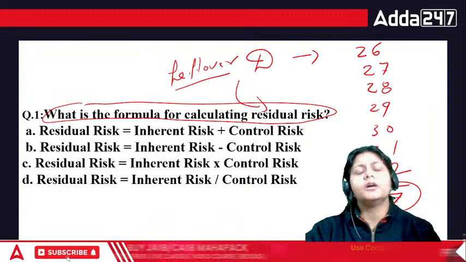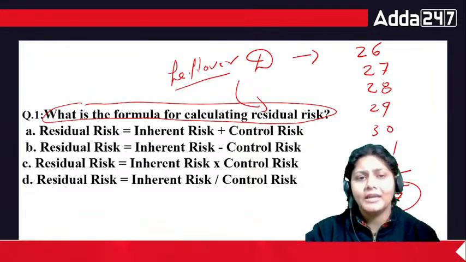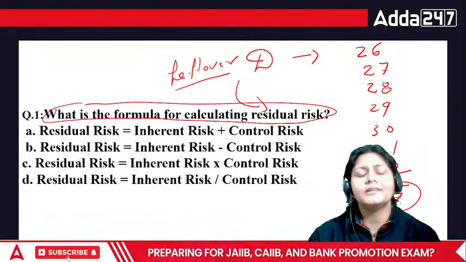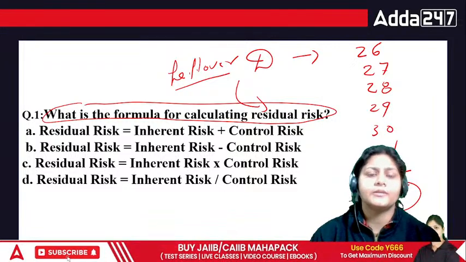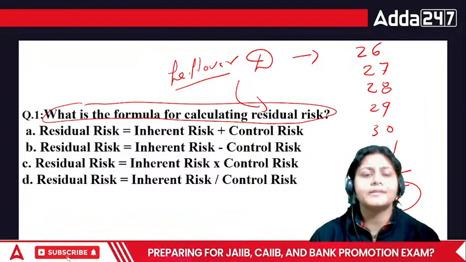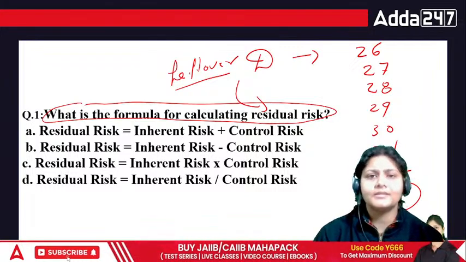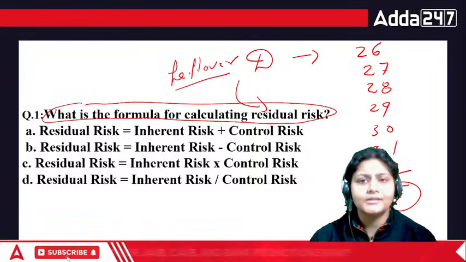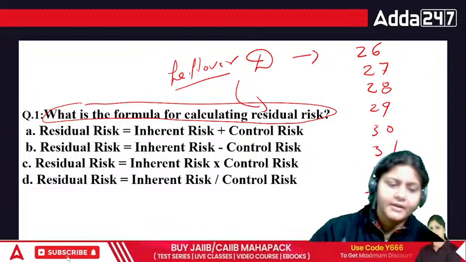So here the formula for calculating the residual risk: option A is residual risk equal to inherent risk plus control risk. B, the residual risk equal to the inherent risk minus the control risk. C option is the residual risk equal to the inherent risk into the control risk, and option D is the residual risk equal to the inherent risk divided by the control risk, right?